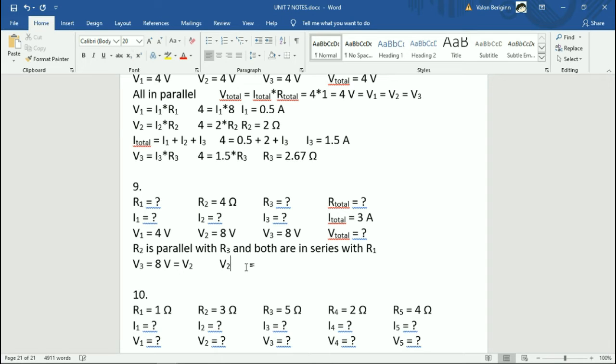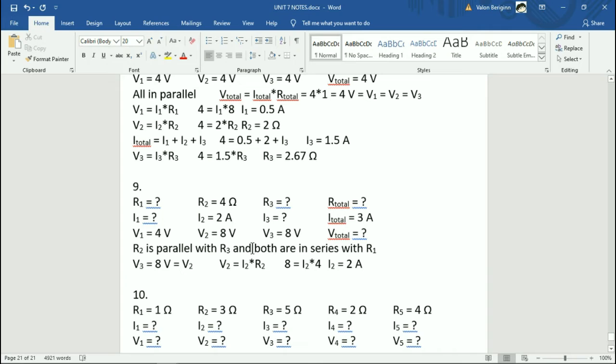We can therefore use V equals IR to solve for I2. Because we have 8 equals I2 times 4. So I2 equals 2.